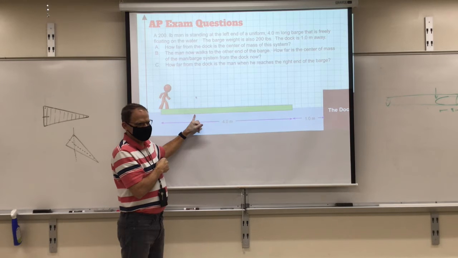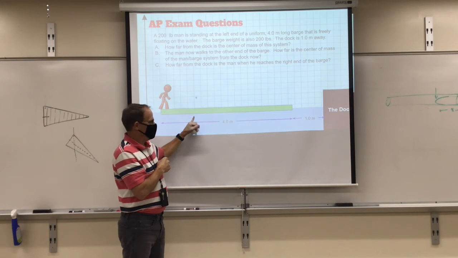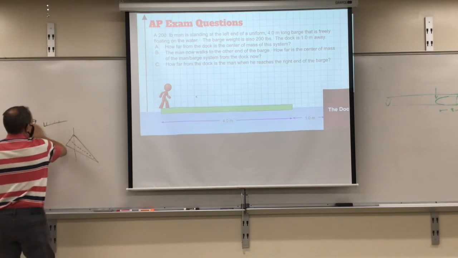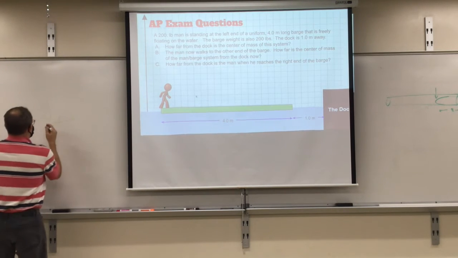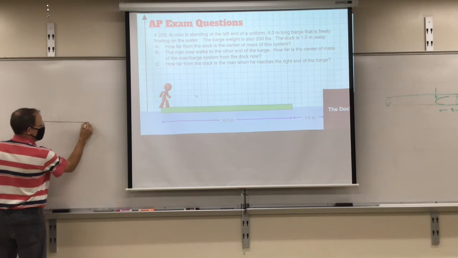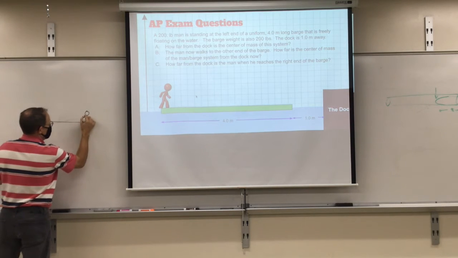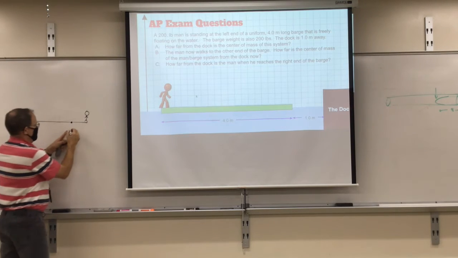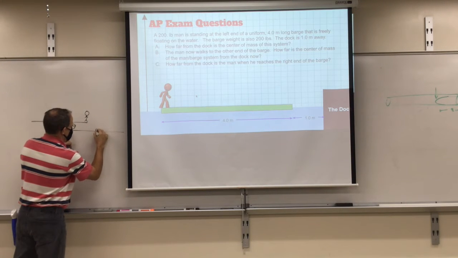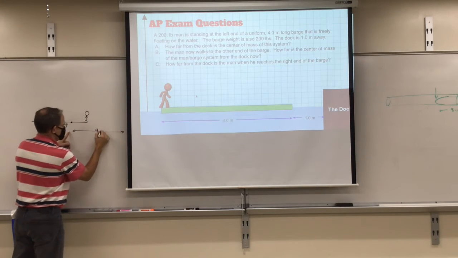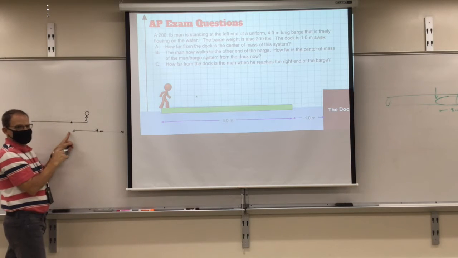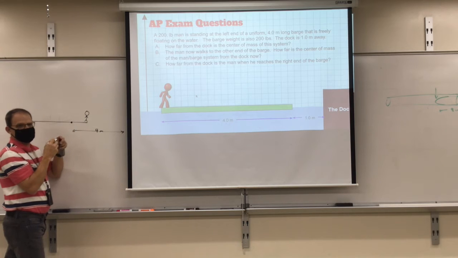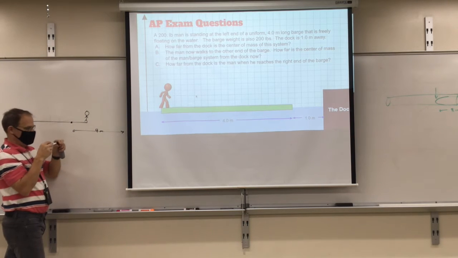So you're going to have the barge, the dude, the center of mass is still going to be right there, and this is still 4 meters from the dock, because the center of mass didn't move. So how far is the guy from the dock? 3 meters. He's 3 meters now. You see that?